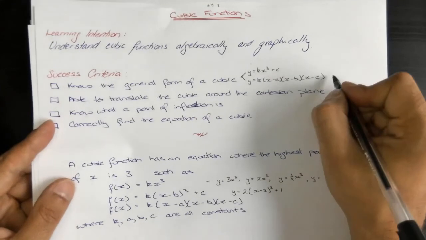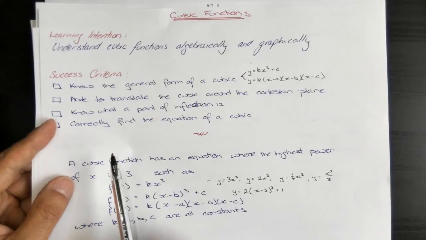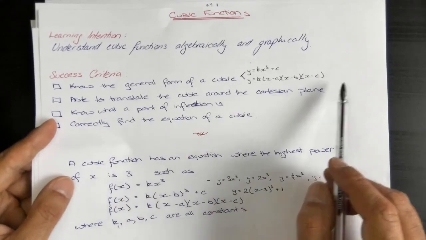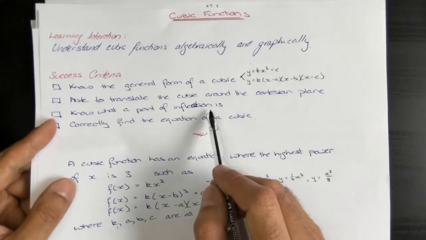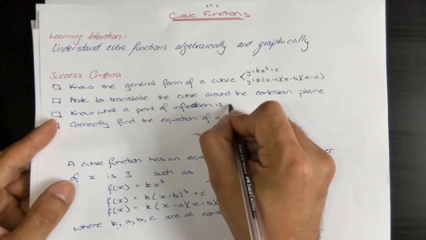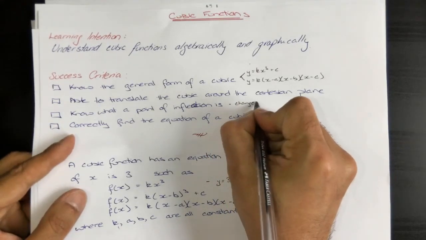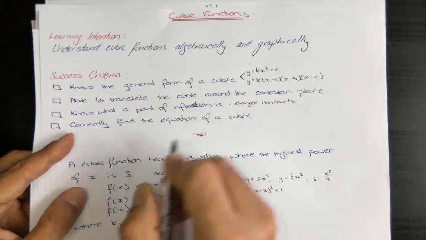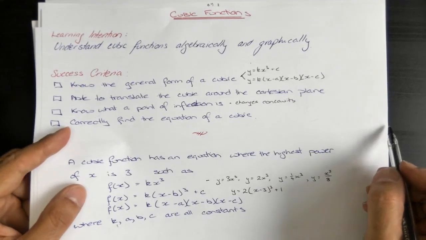You could have another constant if we were translating it, but that's the general equation. Know how to translate it across the Cartesian plane and what it looks like algebraically. Know what a point of inflection is: it's where the curve changes concavity. And know how to find the equation of a cubic given general information about it. So thank you.